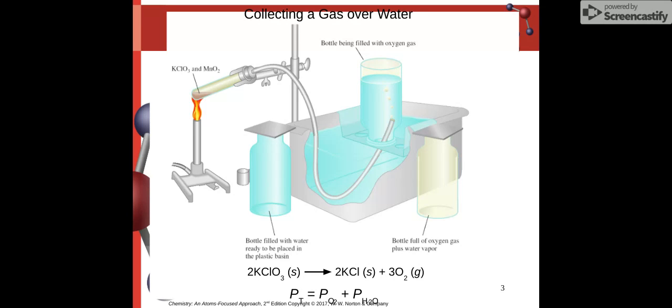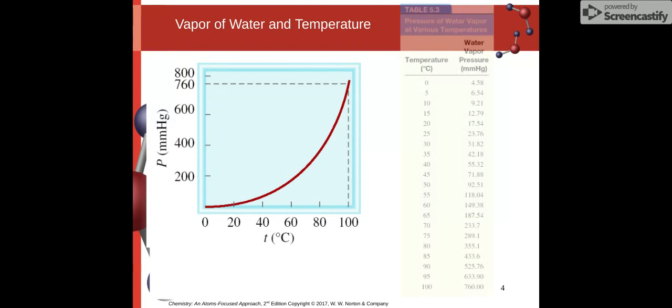The vapor pressure of water is something that has been measured a lot. As we increase the temperature of water, the vapor pressure goes up. So there are tables like this, and there's also a table in your book that shows the water vapor pressure at particular temperatures. We need to use that pressure and subtract it out from the total pressure in order to get the pressure of the gas that is being generated.